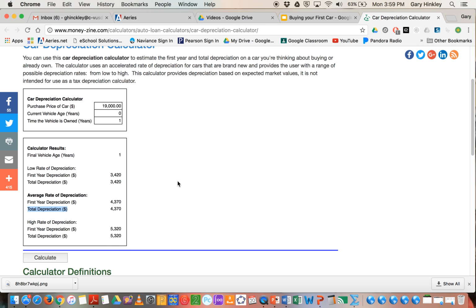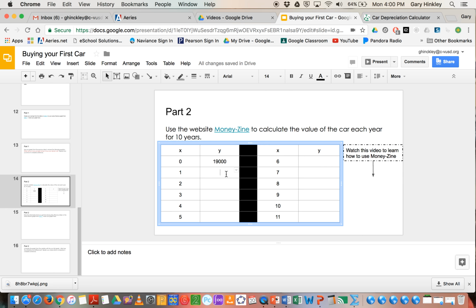I find that to be 14,630. So this is what you are subtracting from the original amount of the car, and that subtraction, the 14,630, is what I put for my Y value.